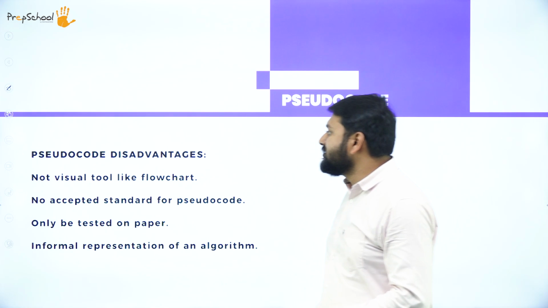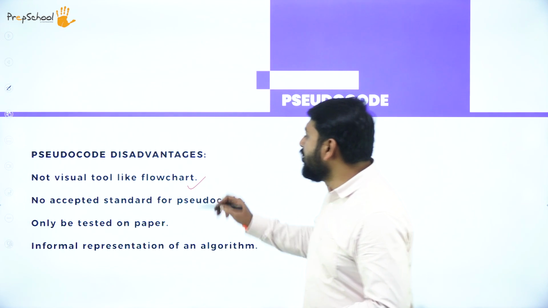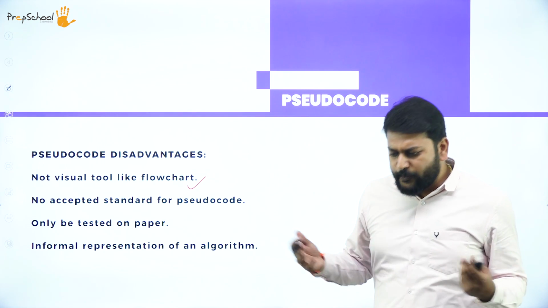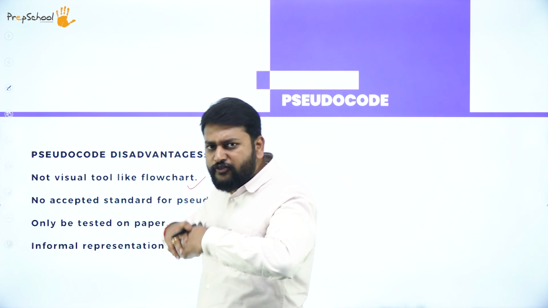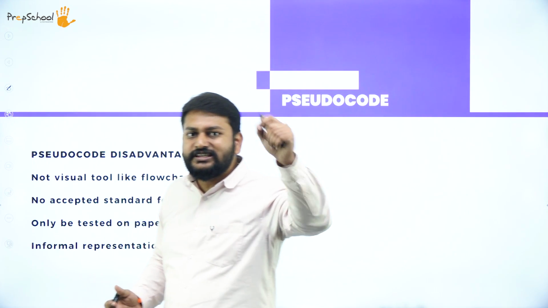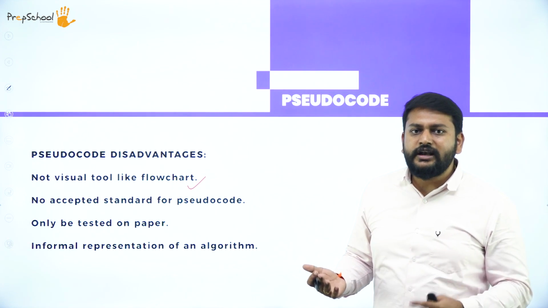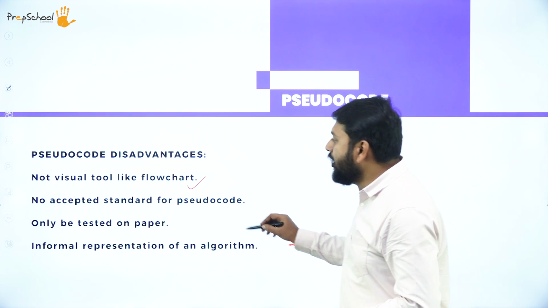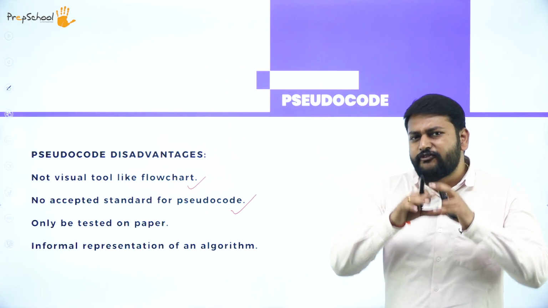And what are the disadvantages that we have in the pseudocode? Please observe, it's not a visual tool like a flowchart. That is the first point. Since it is not a visual tool, and you all know the advantage of a visual tool, it creates a lot of ambiguity. Since it is using English kind of language, it is not visually represented, so it creates room for ambiguity. That's the point that you need to remember here. And there is no accepted standard. There is no particular clear format in which you have to write the pseudocode.